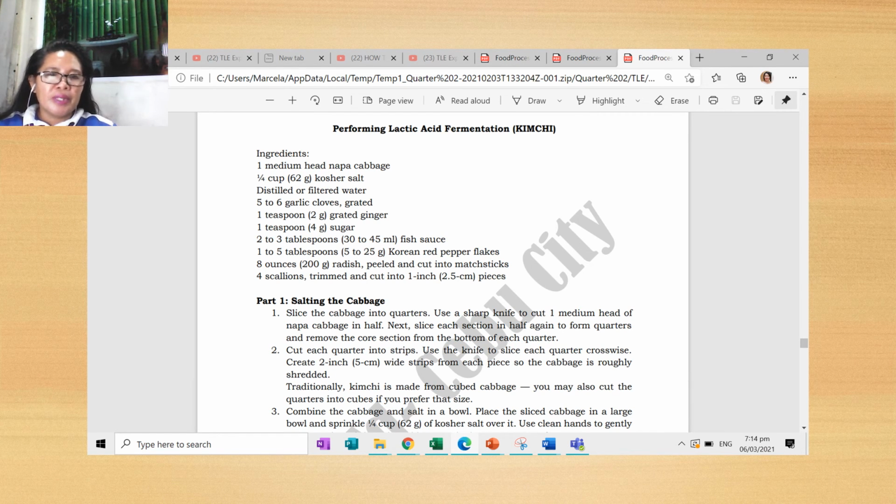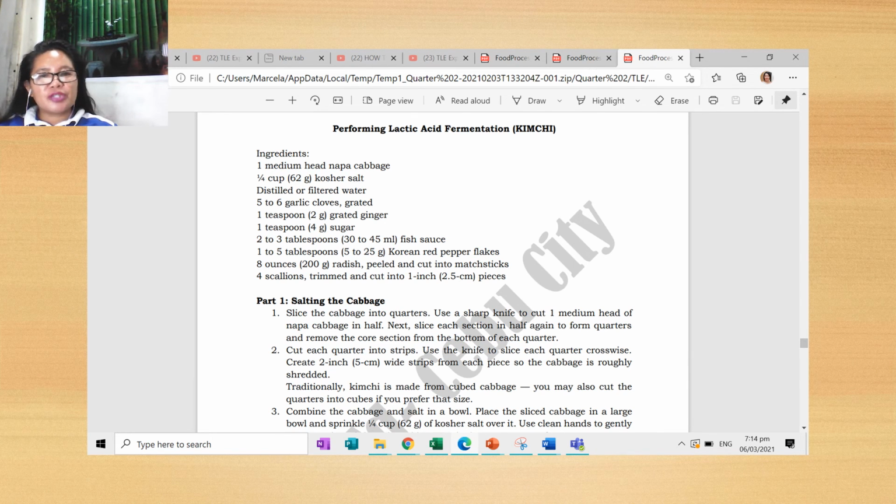Okay, so part 1, salting the cabbage. Slice the cabbage into quarters. Use a sharp knife to cut 1 medium head of napa cabbage in half. Next, slice each section in half again to form quarters and remove the core from the bottom of each quarter. Number 2, cut each quarter into strips.